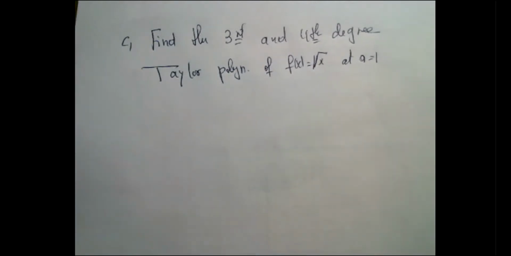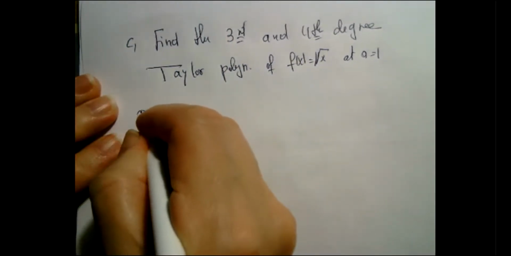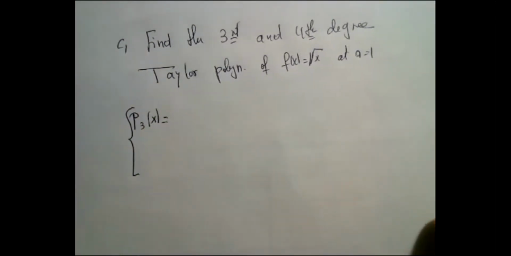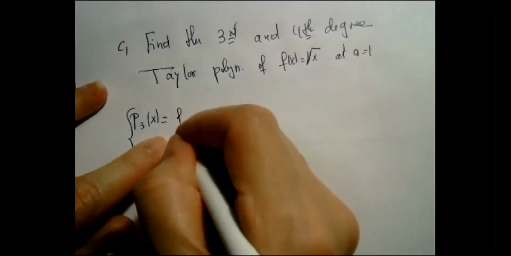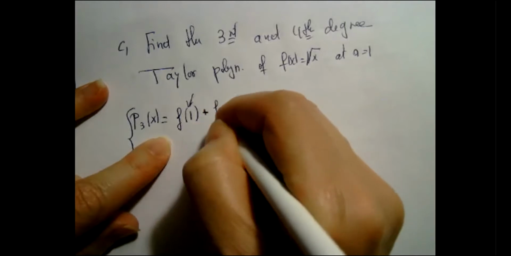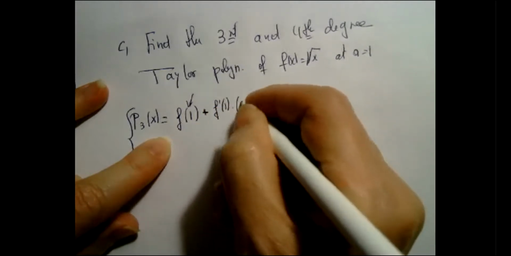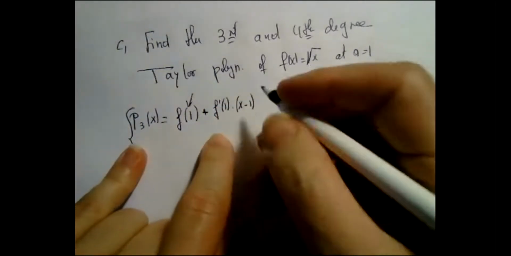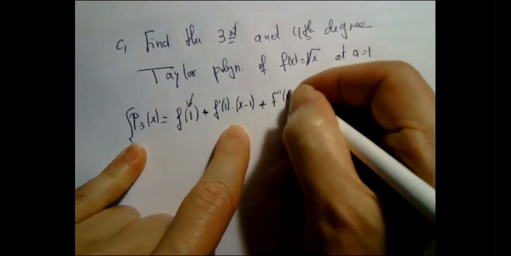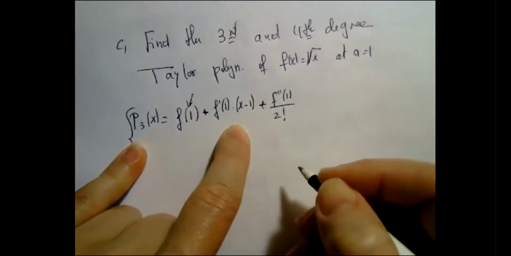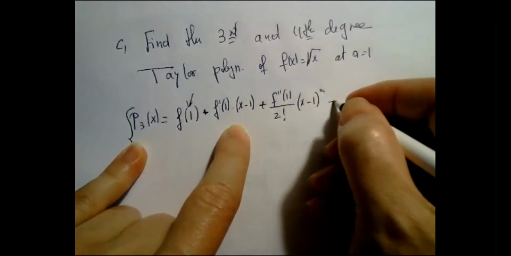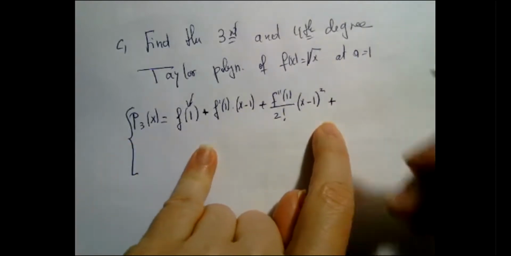All right, so I will write P3, and then I will write P4. I just write them, and then we compute them to see how the writing is. It is f of 1, that's the base point, plus f prime of 1 times x minus 1, plus the second derivative at 1 over 2 factorial times x minus 1, that's my base point, squared, plus the third degree.